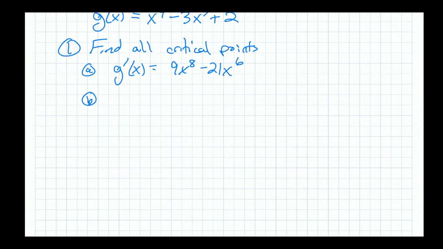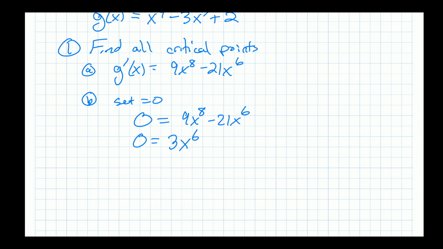We're going to set it equal to 0, like we have been, to find critical points. So 0 is 9x to the 8th minus 21x to the 6th. We got to solve this. What can we factor out of this? I see that we can factor out a 3 and an x to the 6th. If we factor out 3x to the 6th, we'll be left with 3x squared minus 7. What?